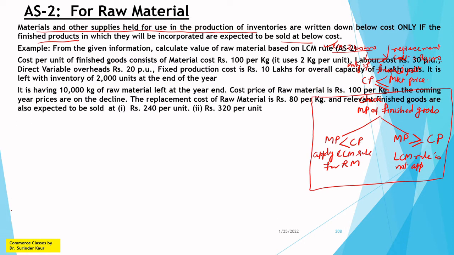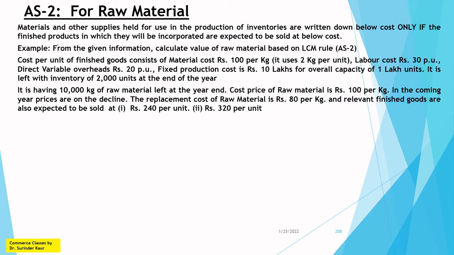Just see this question. We are given that the cost per unit of finished goods consists of a material cost of 100 rupees per kg. You need 2 kg per unit, which means your material cost is going to be 200 rupees.